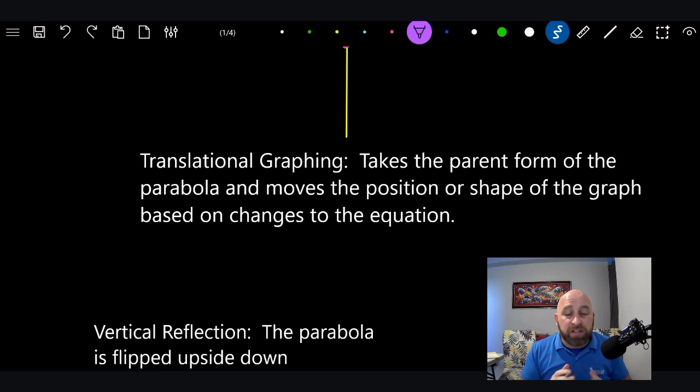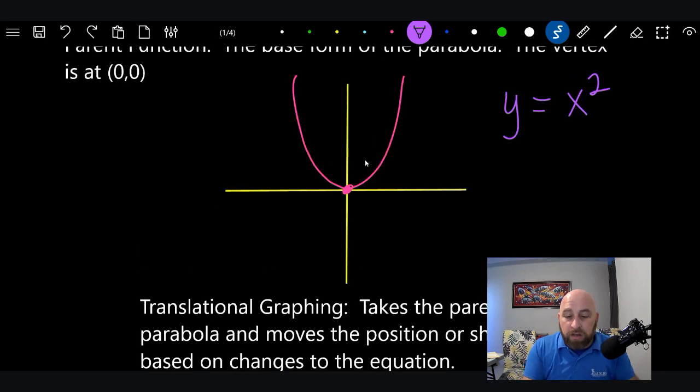You're changing its position, okay? You're changing where it is. That's translational. It takes the parent form of the parabola and moves the position or shape of the graph based on changes to the equation. So as we change this equation, our parabola is going to be moving on the graph, okay?